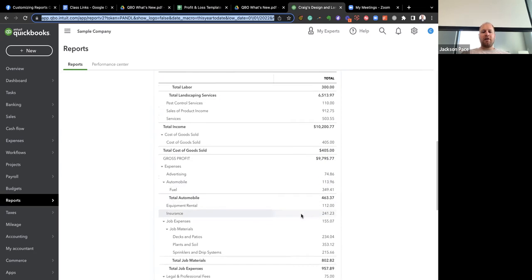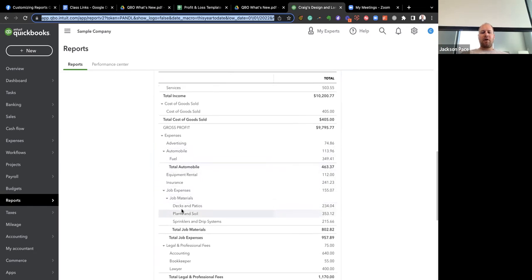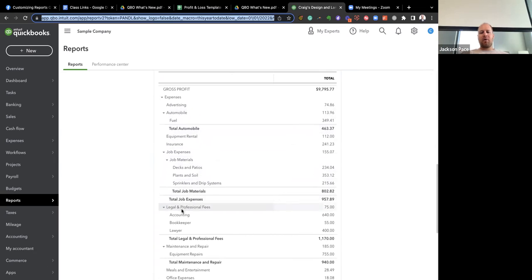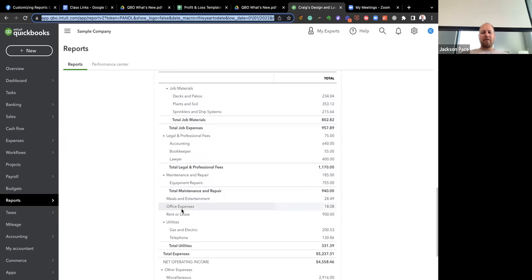As we get down into their expenses, for me it's difficult to really understand them. They're listed in alphabetical order, but as far as really taking a quick glance through their expenses, I don't feel like they make a whole lot of sense.